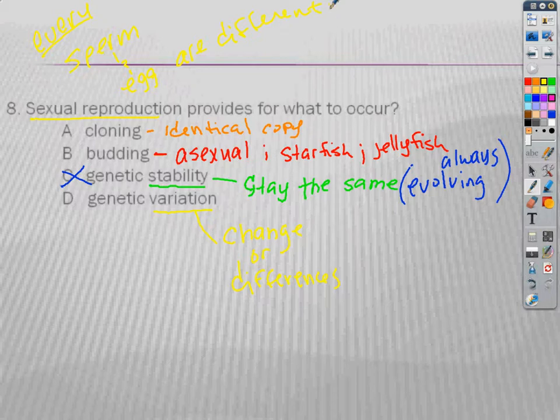So because of those differences, we're always getting variety within our species. And that's also going to occur in any species that reproduces sexually.